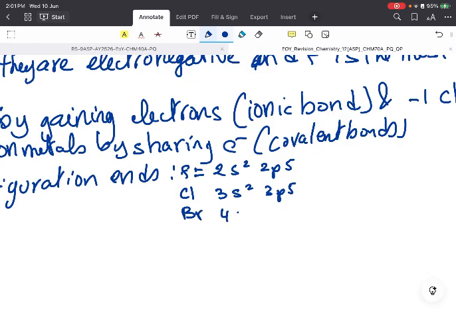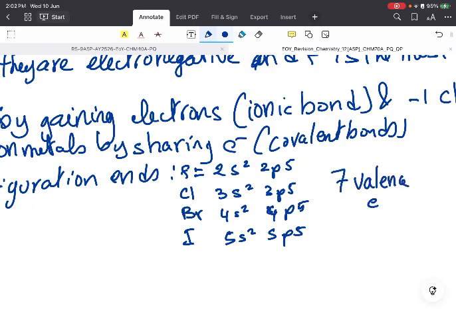Br, 4s2 4p5. And iodine, 5s2 5p5. So their electron configuration ends like this, and therefore they have 7 valence electrons. Any properties you have about halogens, just mention it.